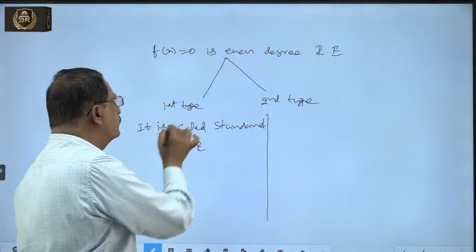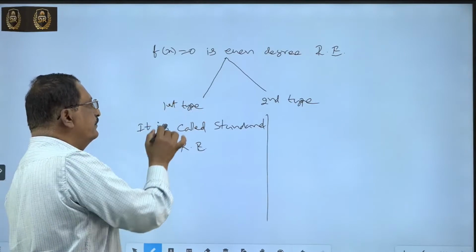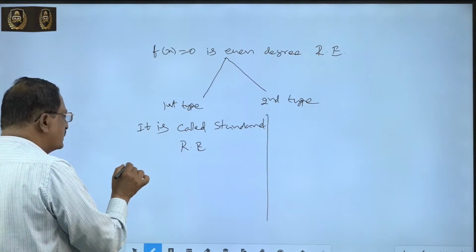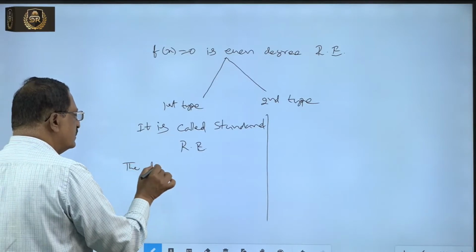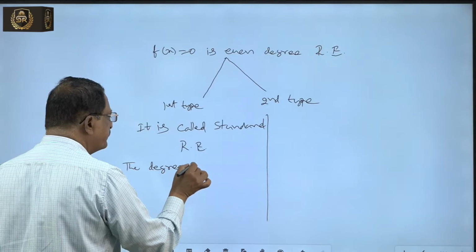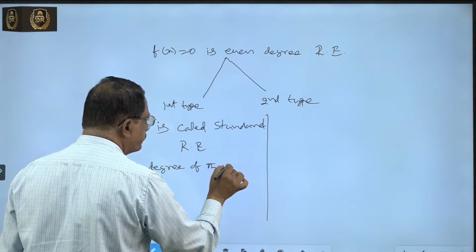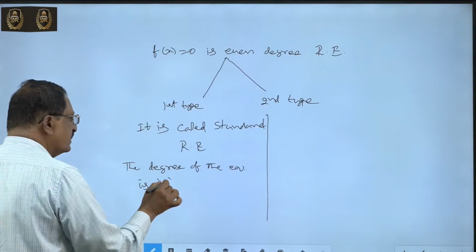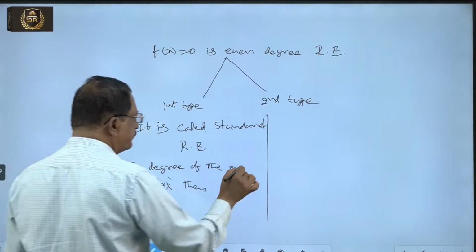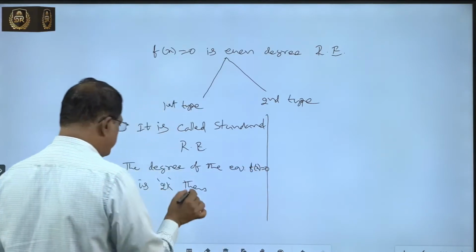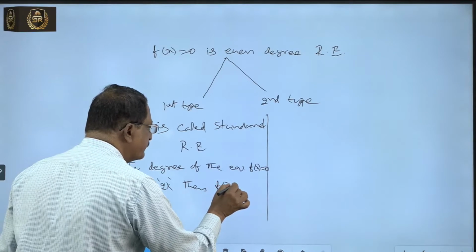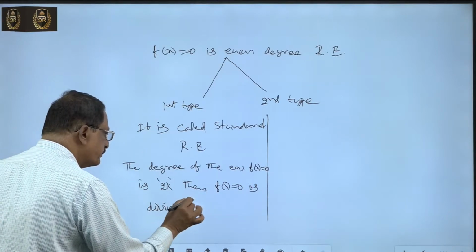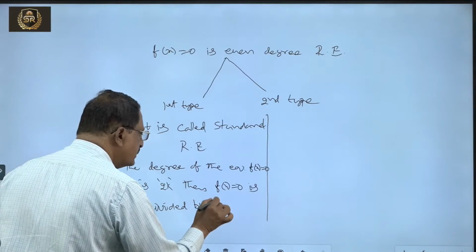Now, in finding the roots of a first type even degree reciprocal equation, if the degree of the equation is 2k, then f of x equals 0 is divided by x to the power of k.